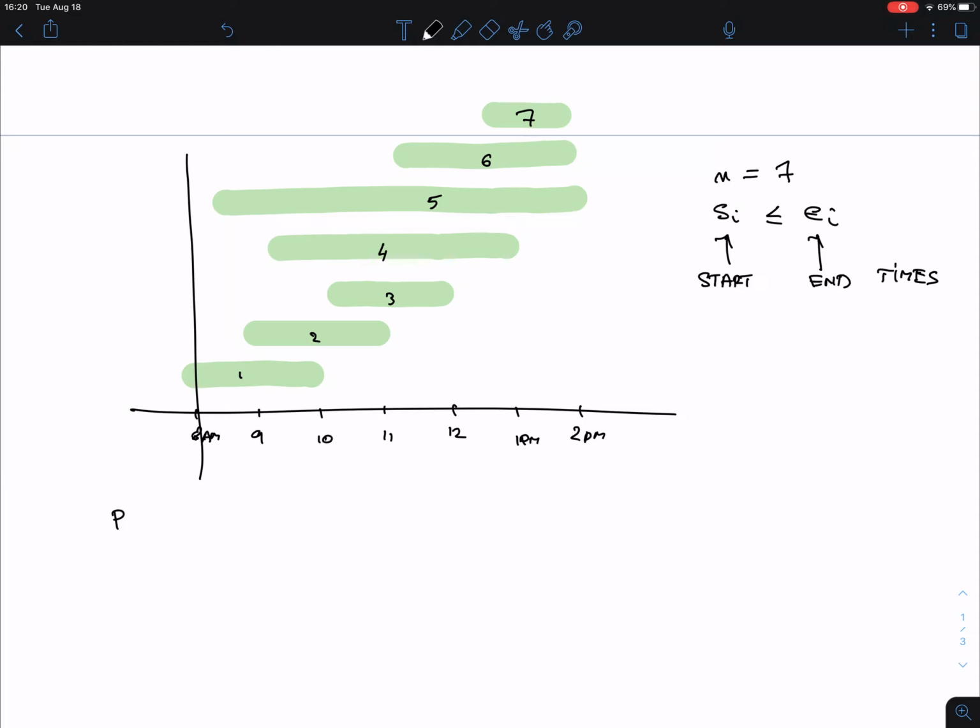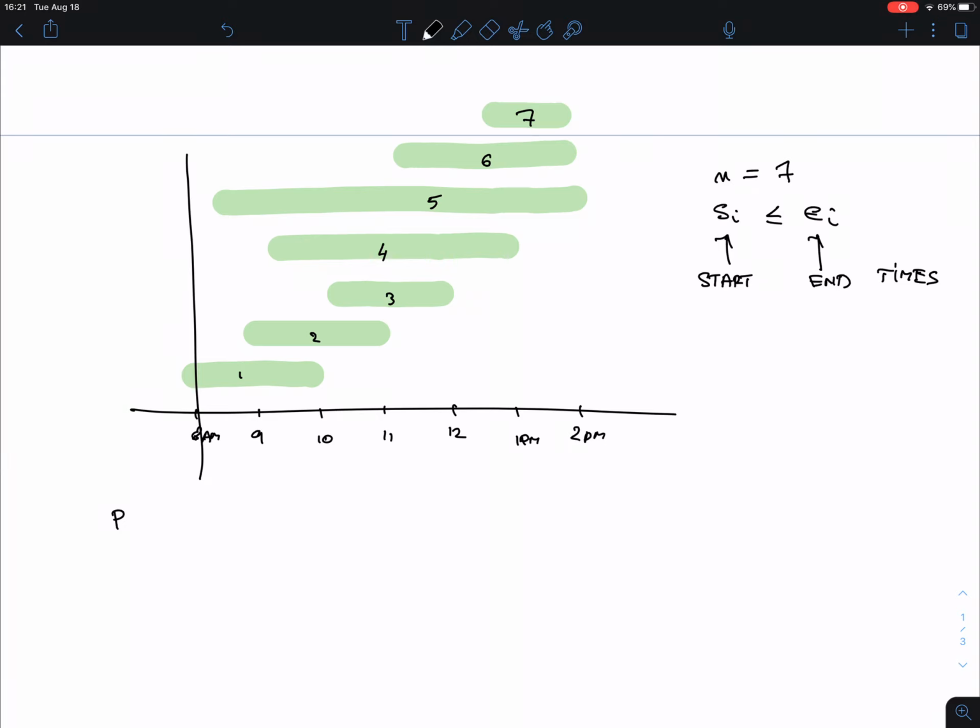And we have already arranged this. This is a separate problem, so in the text they do talk about it, but we ignore it and just assume that we have put them in order of end times, the way you see it ordered here, not in starting times.